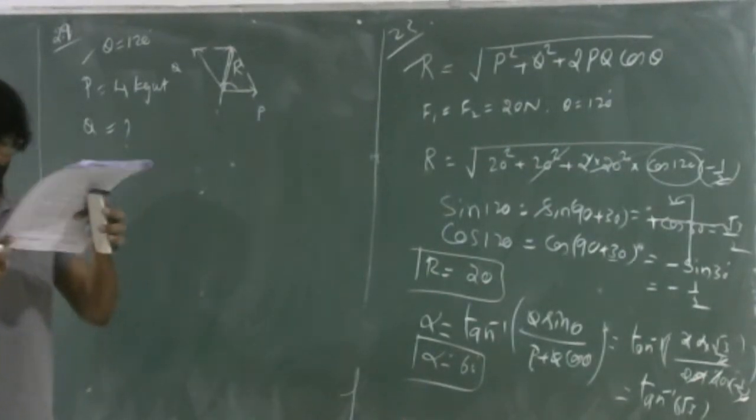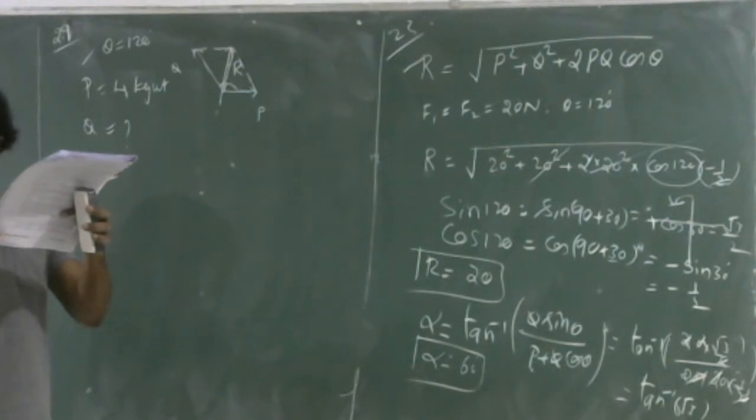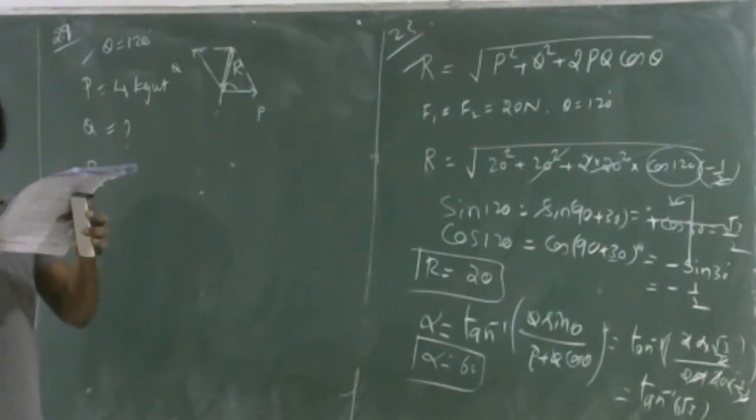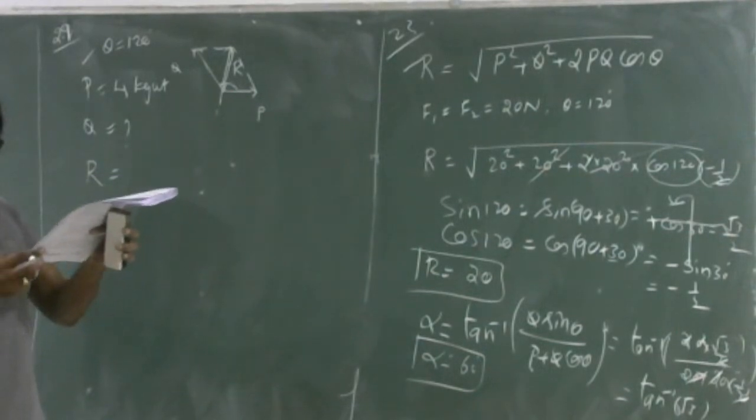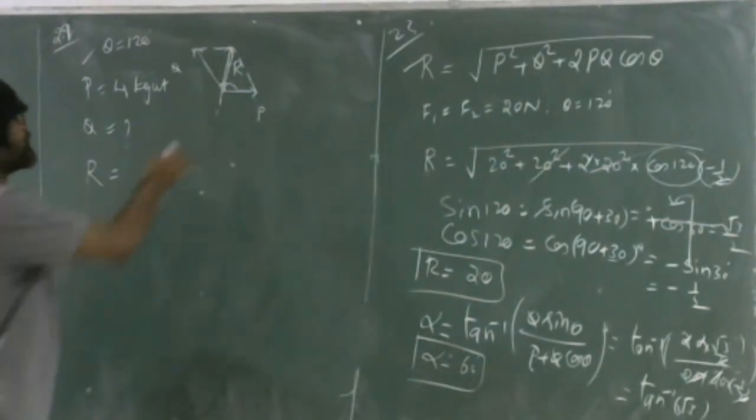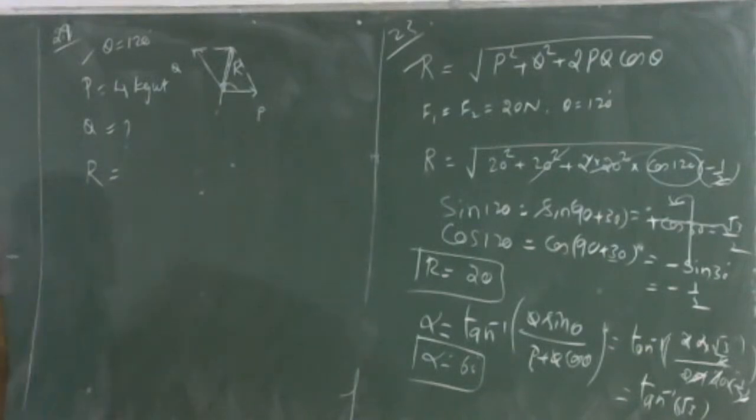Two vectors P and Q are at 120 degrees to each other. If the resultant is at right angles to P, and P is given, then what is Q? Can you find it by using the magnitude of resultant formula?